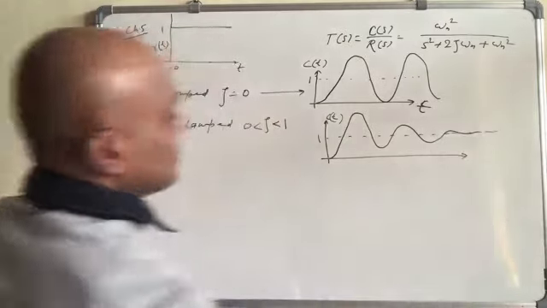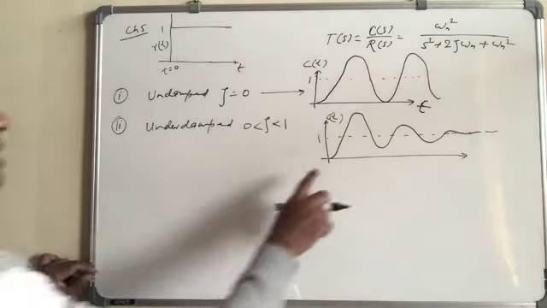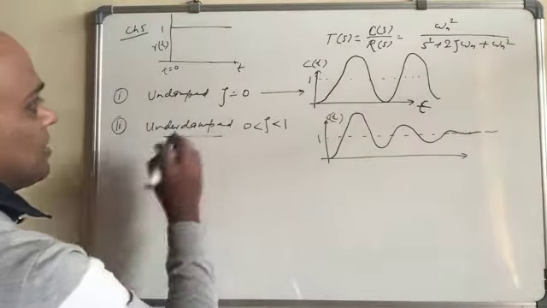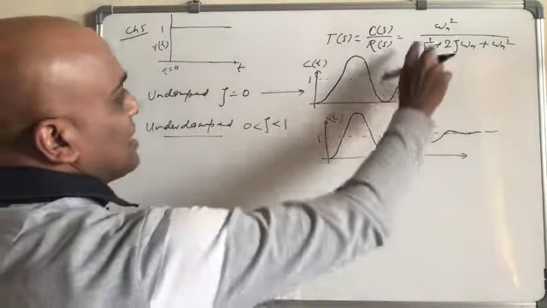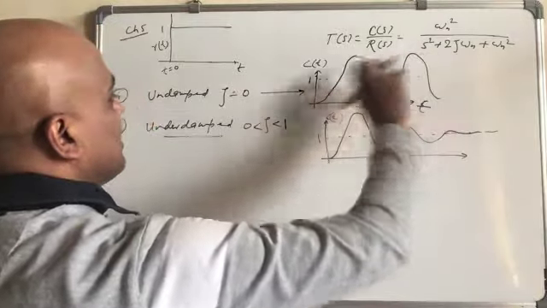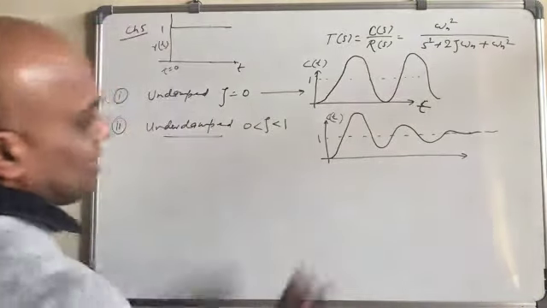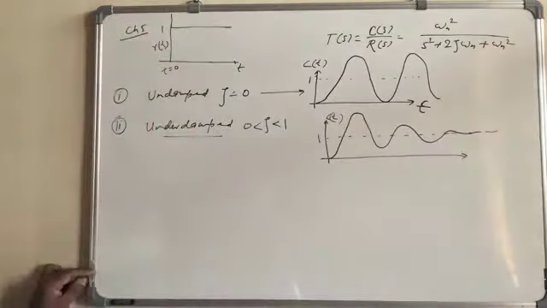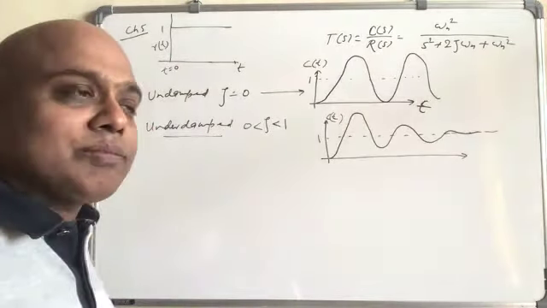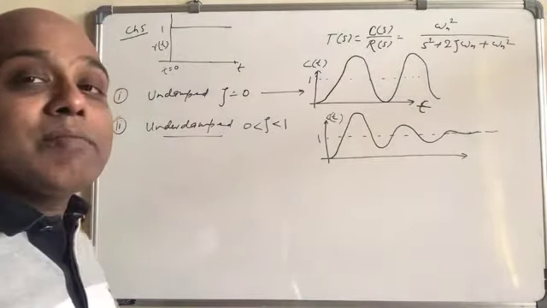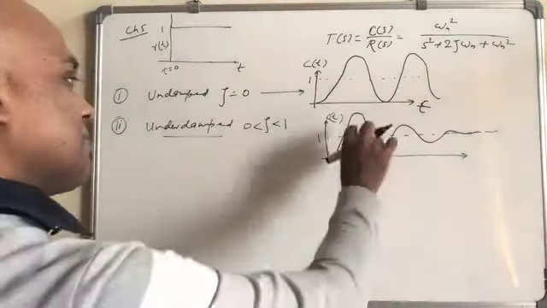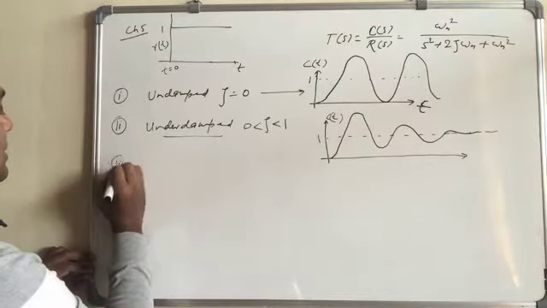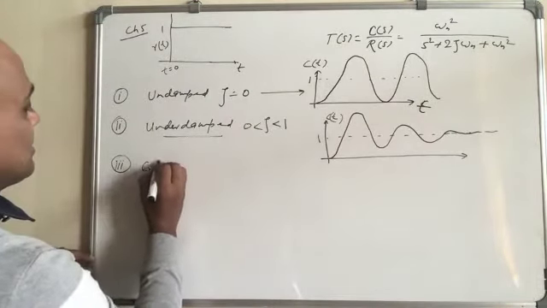If you look at this kind of thing, that really means this is underdamped. If you don't see the fading away, the amplitude is maintained, that's undamped. Here the amplitude is decreasing. You remember the logarithmic decrement, so that comes from here only.